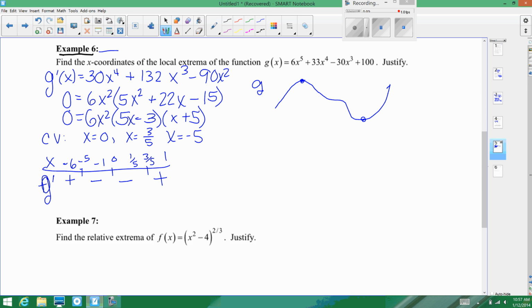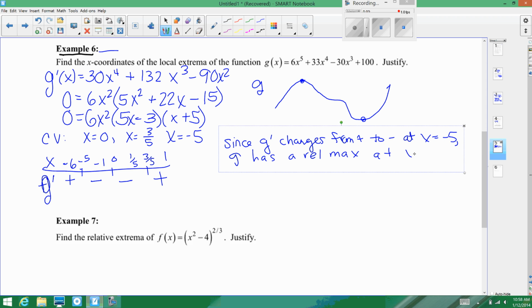So we can say since g prime changes from positive to negative at x equals -5, g has a relative maximum value at x equals -5.